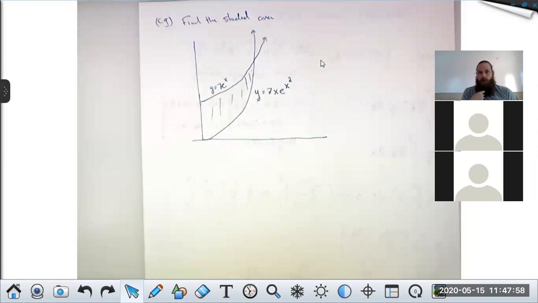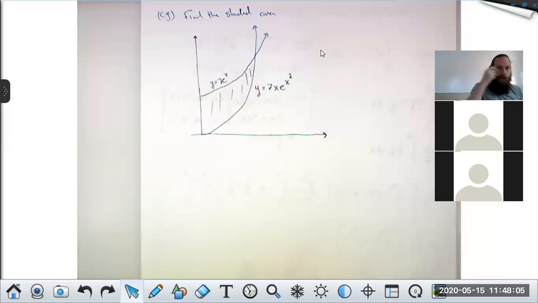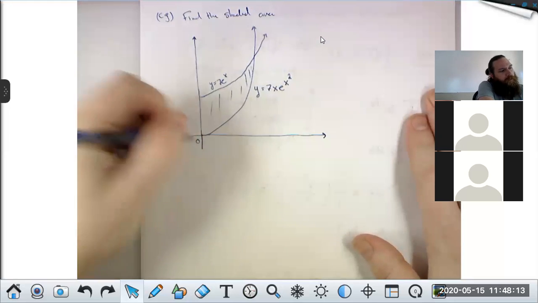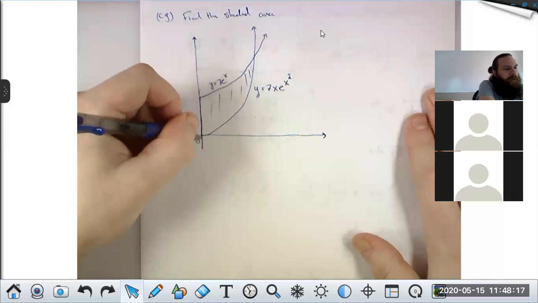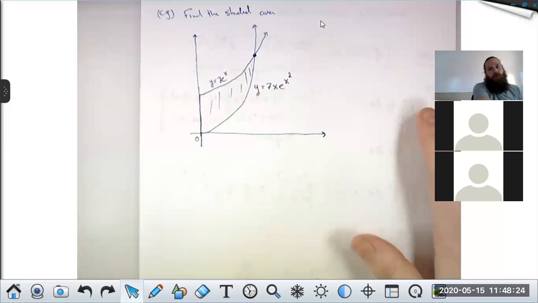So I can treat this as a dx integral, where I subtract the bottom from the top. Good, so I'm going to integrate the upper function minus the lower function. From where to where? From 0 to whatever the x value is at this point. So I need to find the x value where these two curves intersect.